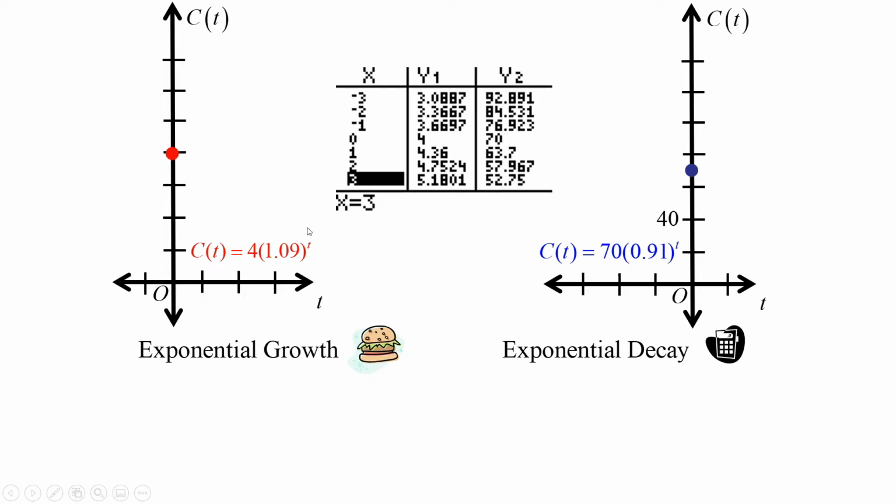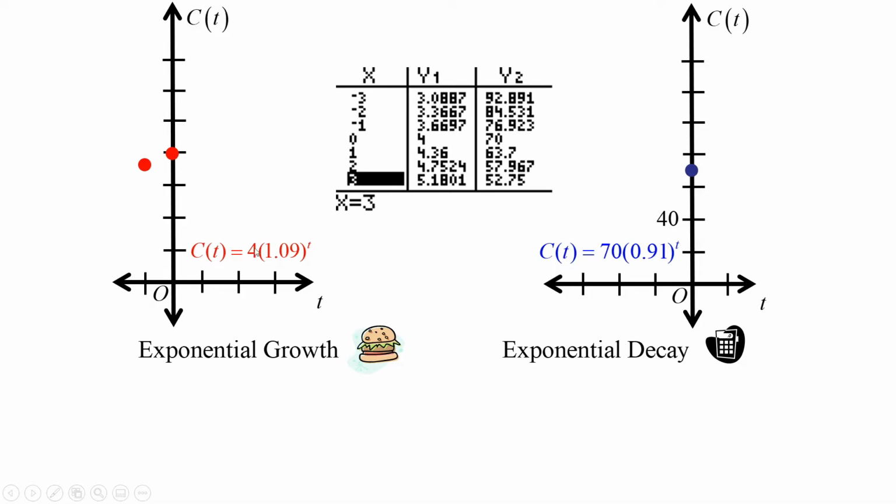Let me see, where do I start here? How about I start this graph with that negative 1 that I can see, and my output is 3.6697. So I'm just going to approximate that. About right in there somewhere. And then at 0, I already have my y-intercept.